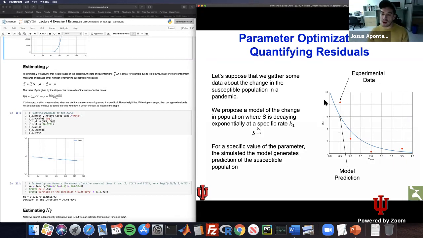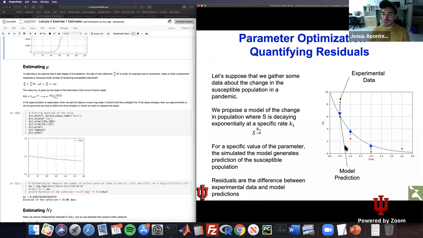Different values of K1 will generate different predictions. But for a specific K1, we can then measure the distance between the experimental data and the model prediction to quantify the error, what are called the residuals.